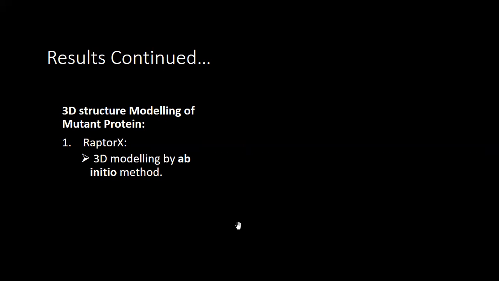Why did I do this? I mostly tried Swiss model, and also I-TASSER and Modeller. They gave me only a little result for the 3D model because prediction depends upon a template.